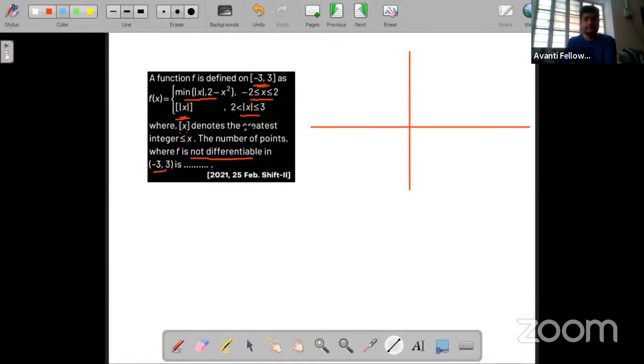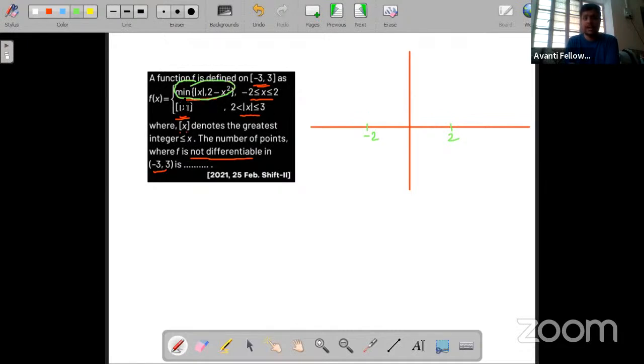Now, first of all we'll draw for -2 to 2. So -2 is, let's say, somewhere here, and here it is 2. So in between -2 to 2, we have to think the function is this.